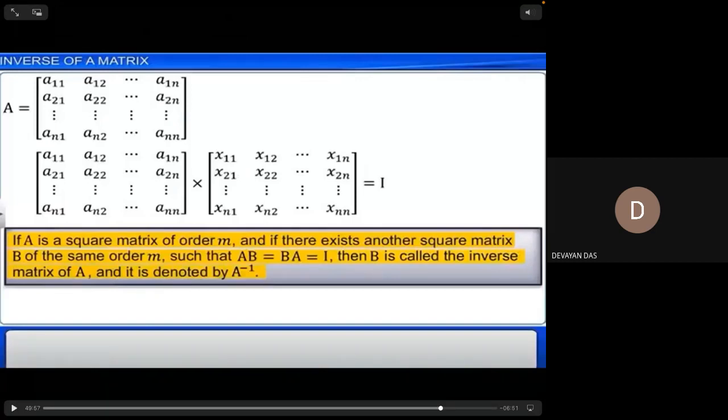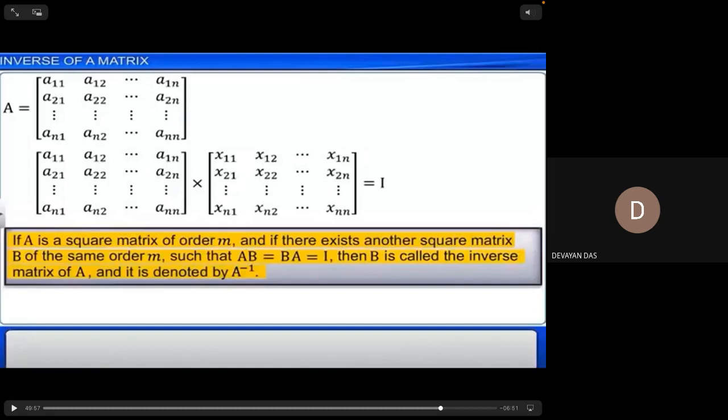Once again, concentrate here. Only a square matrix will have an inverse; another kind of matrix will not have an inverse. Only a square matrix of order m, and there exists another square matrix of the same order m, such that A into B equals B into A, which equals the identity matrix.